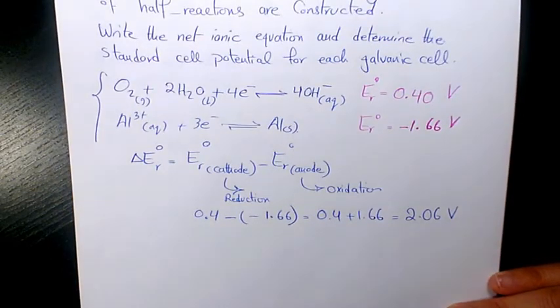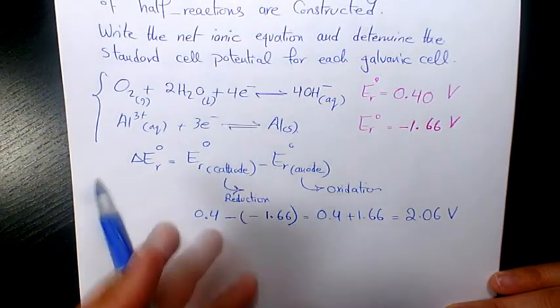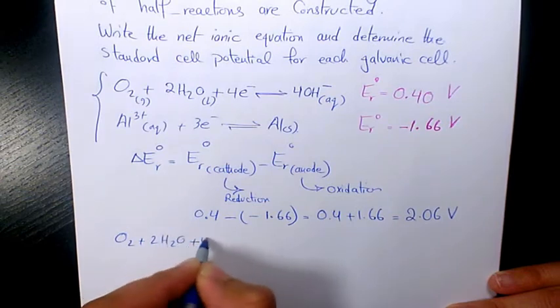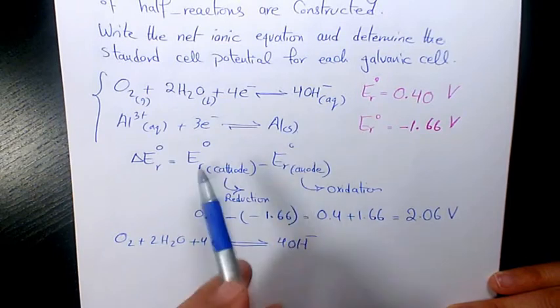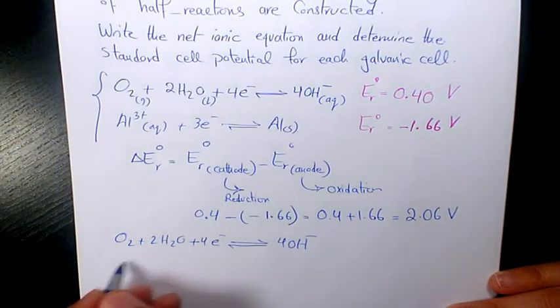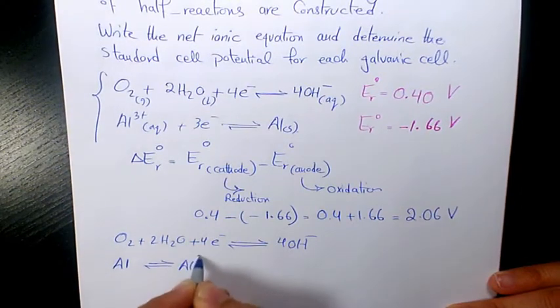Now for writing the net ionic equation, the first reaction is reduction, so I need to keep it like that. But the second reaction, I need to write the other way around in order to be able to cancel these two reactions. So we have Al gives us Al3+ plus 3 electrons.